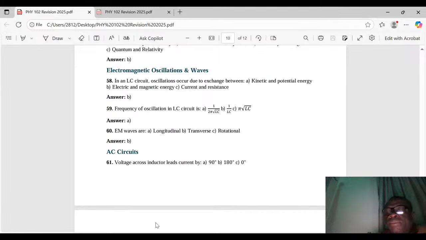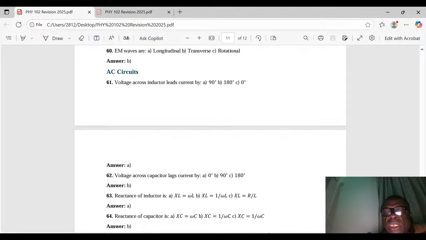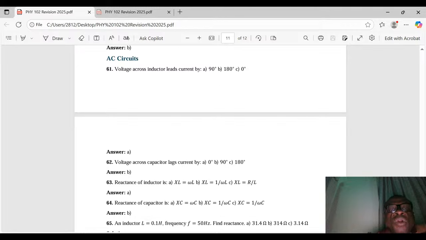Number 60. Voltage across inductor leads current by, take that again, voltage across inductor leads current by A. 90, B. 180, C. 0 degrees.